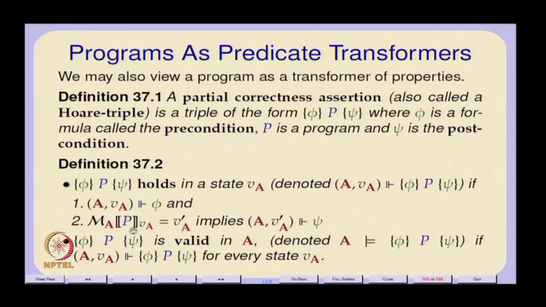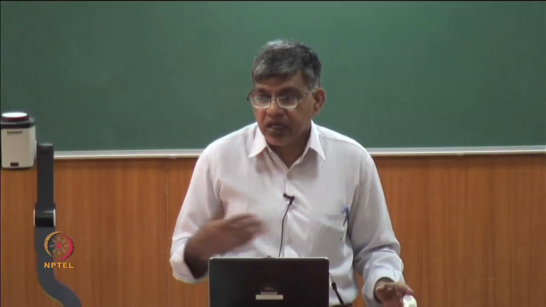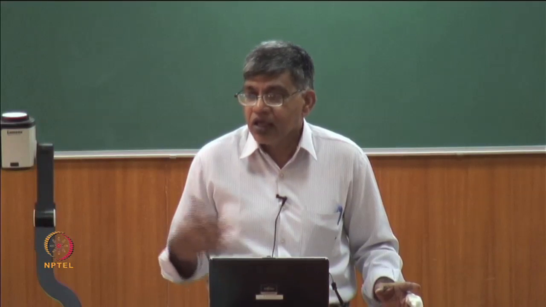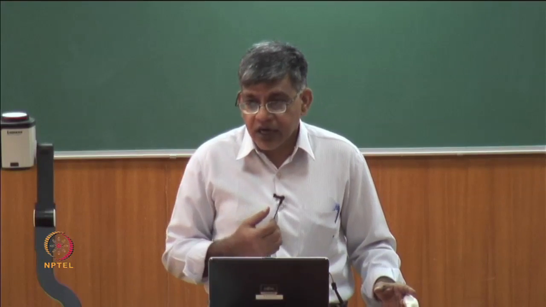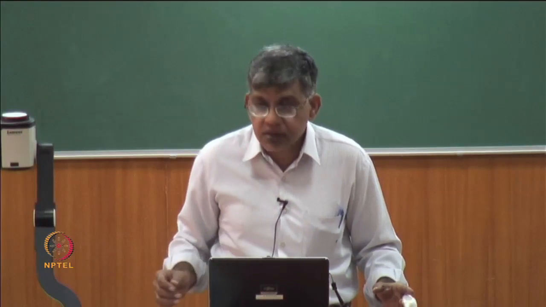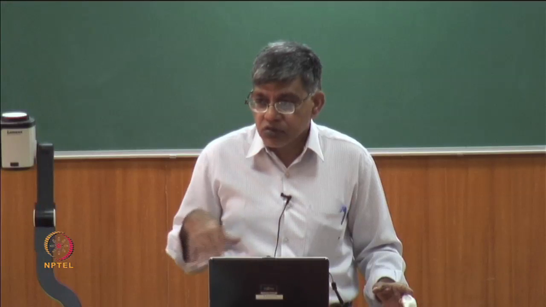It does not say necessarily that the meaning of P under V A should be some valuation. And one of the important things that we are interested in about programs is that they terminate, and that is the notion of total correctness. So, we will use this notion of total correctness, and moreover total correctness also depends intrinsically on the underlying A, right. You have to come up with well orderings and so on. In A, you have to define a measure of descent on a well ordered path, which means that it should not be an infinite chain, it should be a bounded chain, right.